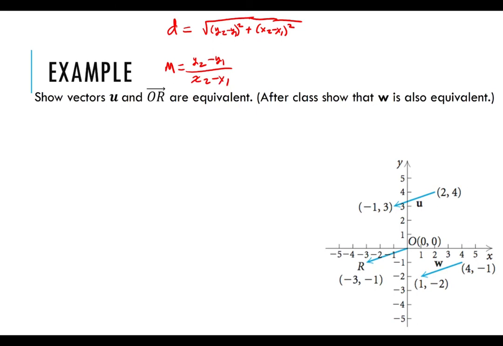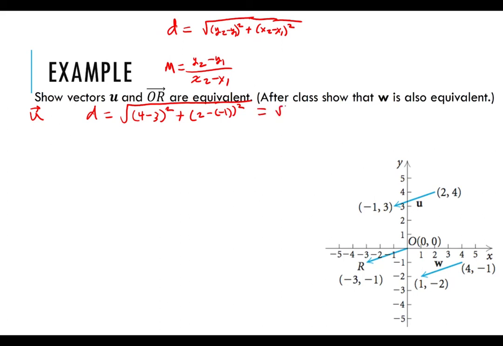And so let's figure out what these vectors have in terms of length and direction. So let's start with vector u. Well, vector u has a distance. The distance is equal to the square root of 4 minus 3 quantity squared plus 2 minus 1 quantity squared.